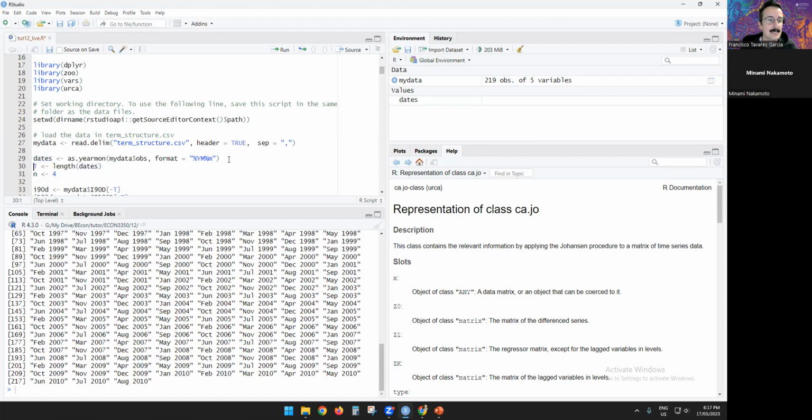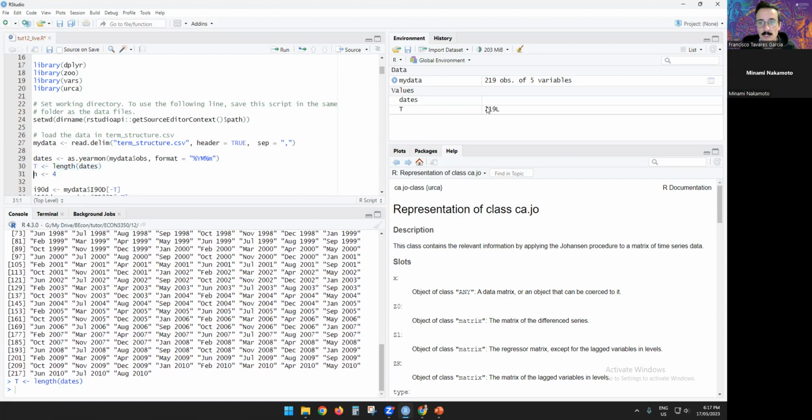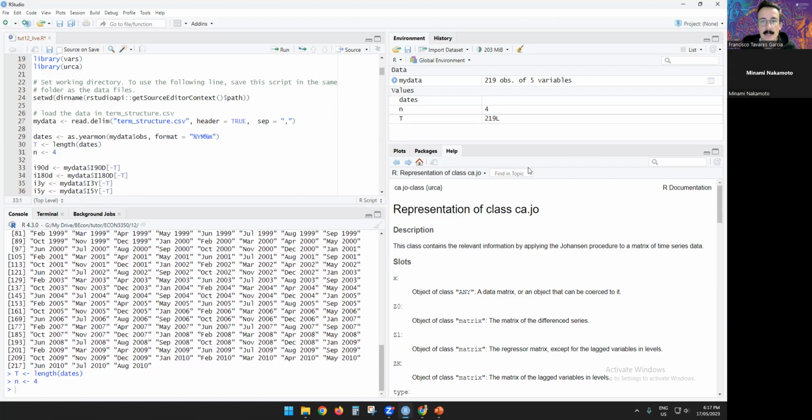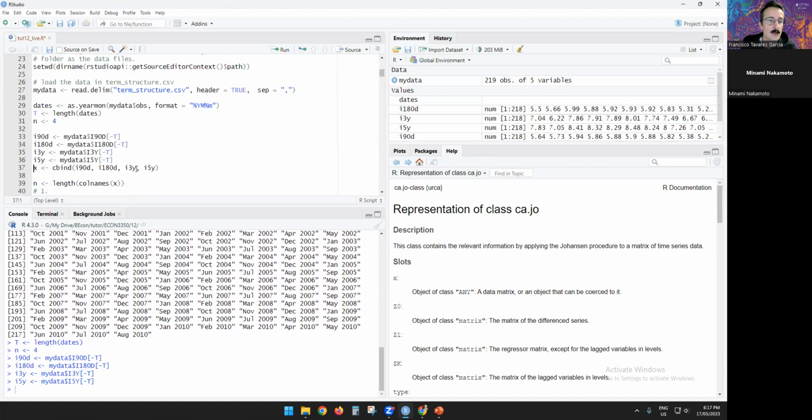The T is getting the length of dates. So it's just 219, which is the number of observations. And N is 4, which are the 4 variables that we have in there. Finally, we are adding all of them as we did before, just getting one variable and putting it into an R variable for each of them.